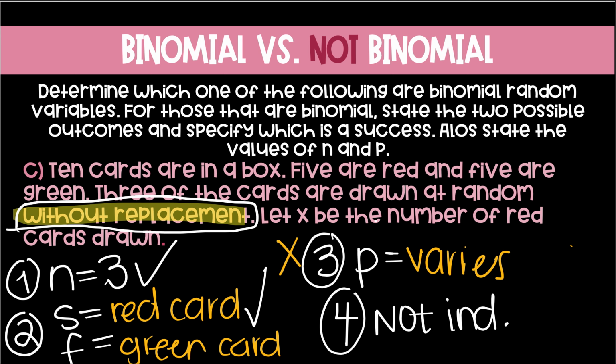If I draw 3 cards that are all green, that affects my coming events. Now I have a greater chance of getting a red because the first cards were green. So the fourth condition is also not met. Then it's not binomial.